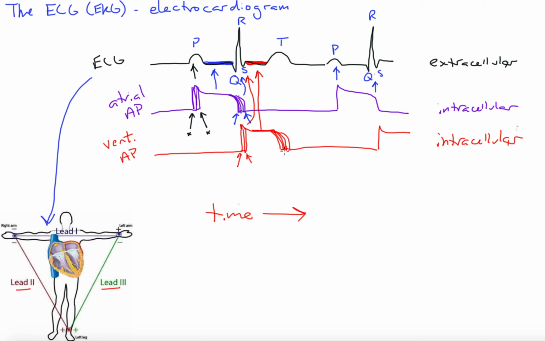They're more spread out over time. Early ones are repolarizing, late ones have not, when we're in between here somewhere. Some are and some are not repolarized, and so the T wave corresponds with ventricular repolarization.